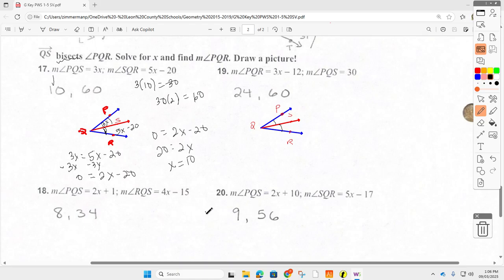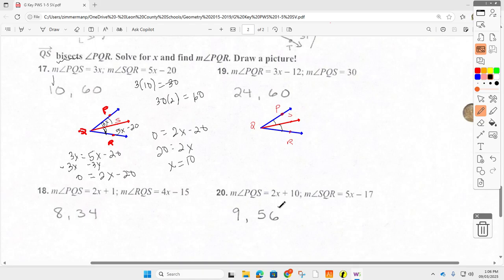Okay. So this is from the same diagram. It says the measure of PQS is equal to 2x plus 10, and the measure of SQR is 5x minus 17. I'm going to set it up first, so I'm not going to work it out all the way, okay? So this is very similar to this one.